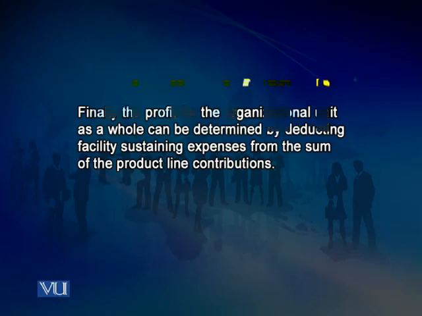So after you have either the product line or the brand level expenses, you could then deduct all these expenses from the overall contribution to get the overall profitability of the organization.